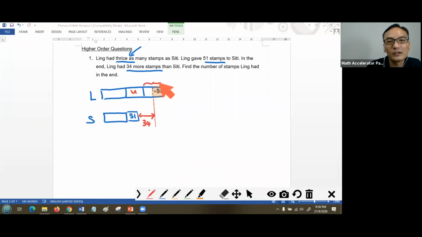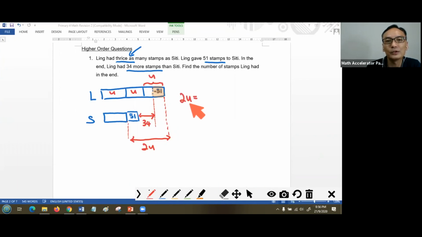Here to here is 1 unit. Here is 1 unit. So where is 1 unit now? So the 1 unit should be from here to here, right? This is the value of 2 units, right? So what is the value of 2 units?